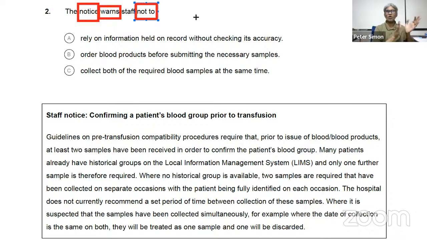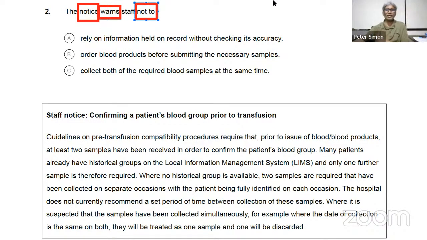Is warning the staff not to do something. Not to do what? Means don't do. It's a warning. Don't do. It's called a mandate, an order. So it is called to do or not to do strategy. So you have to find what to do and what not to do.